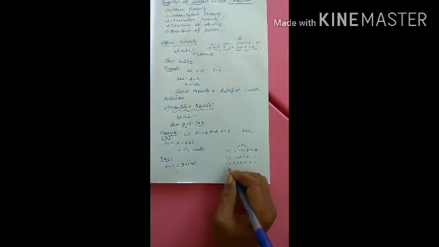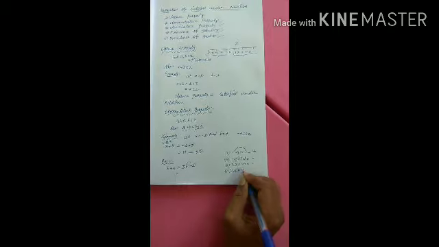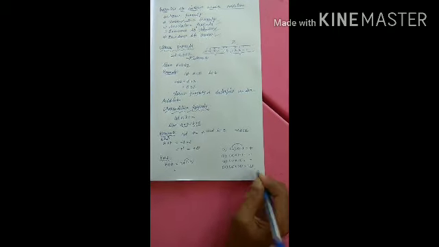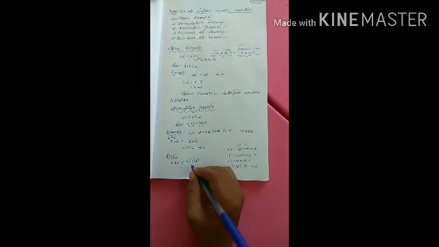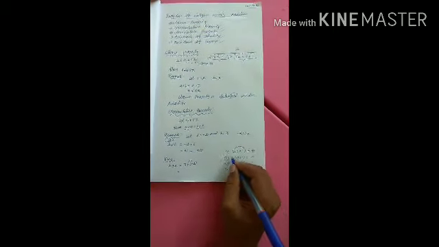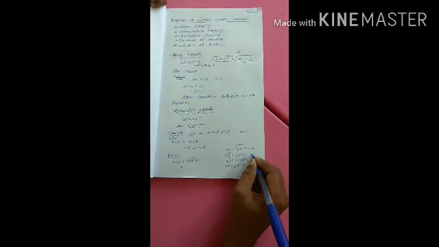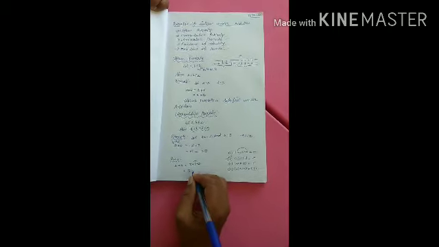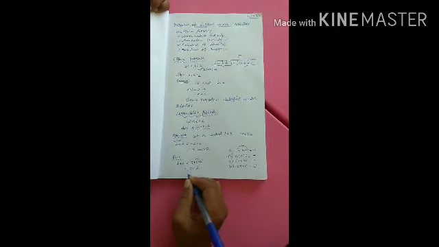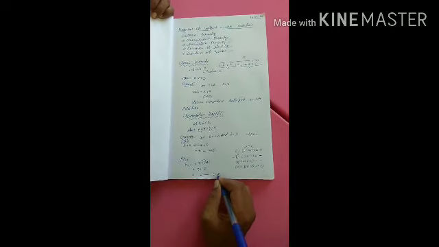And finally plus into plus is plus. This is the rule for multiplication. You have to apply which one? First number plus, second number minus, so the second rule. So what's the symbol? Minus. So 3 minus 2, that is 1. Take this as equation number 2.